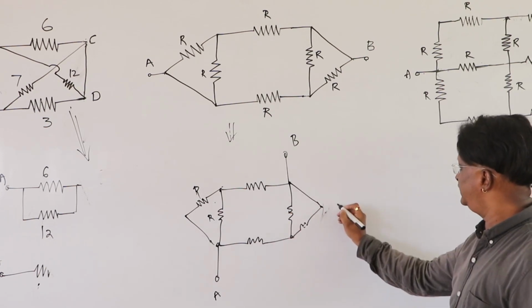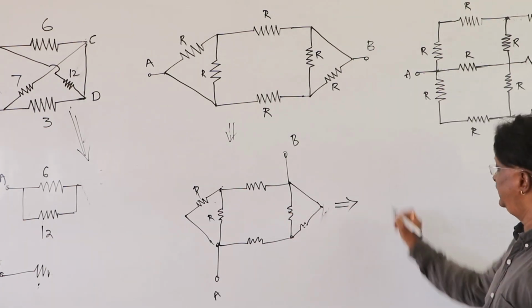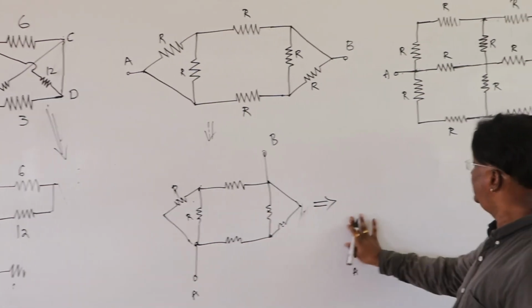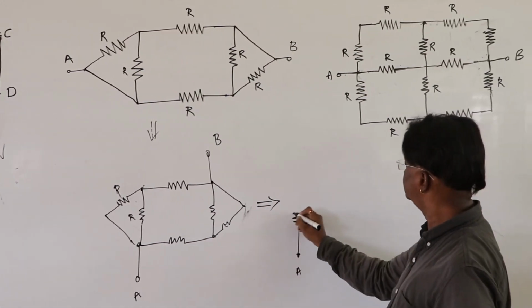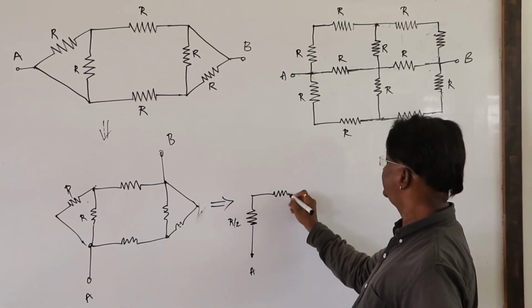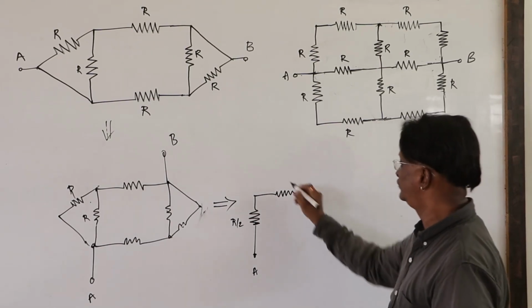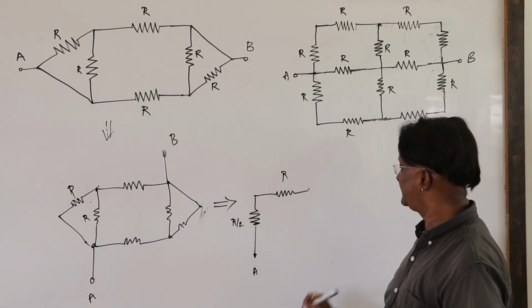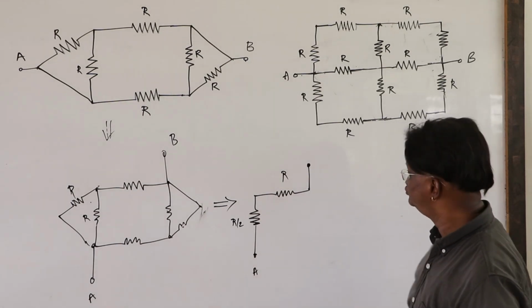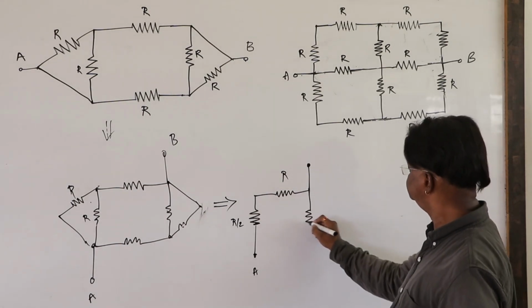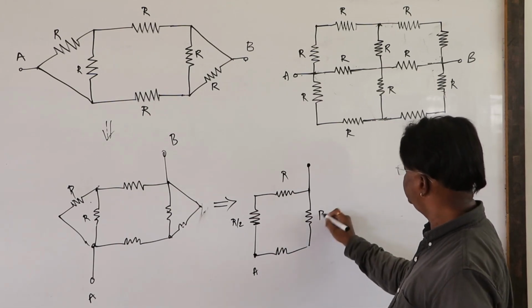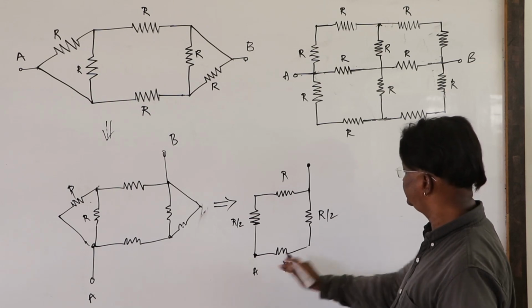So if I redraw this, yes, this is your point A, and this one is R by 2, this one is R, and this one is also R by 2 and this is R.